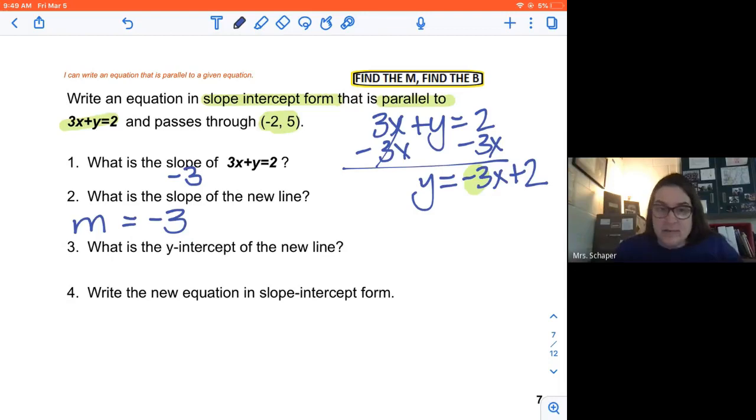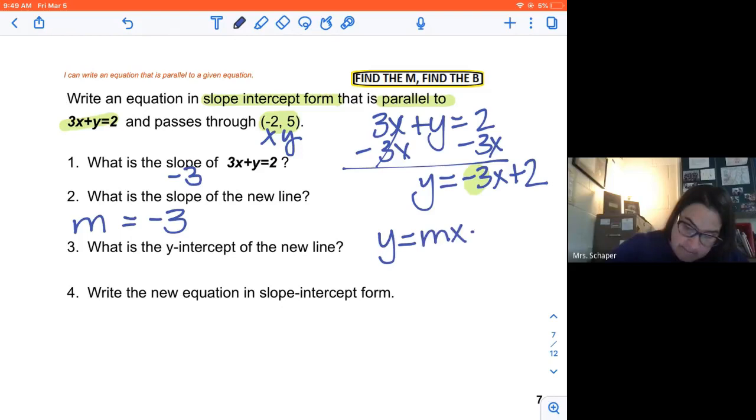What's the y-intercept of the new line? Well, I know my x, my y, and my m. So I need to solve for b. So y equals mx plus b. So 5 equals negative 3 times negative 2 plus b. 5 equals 6 plus b.